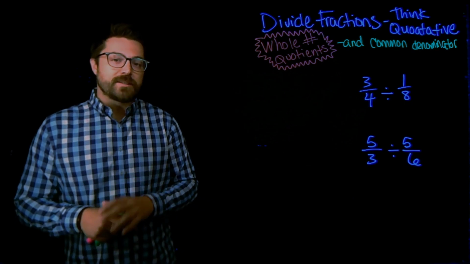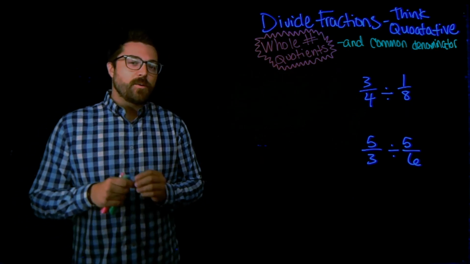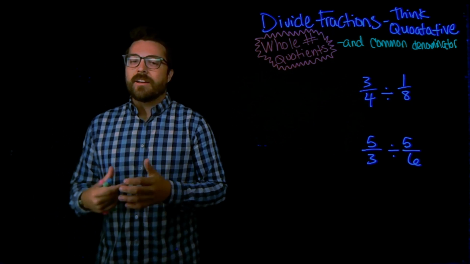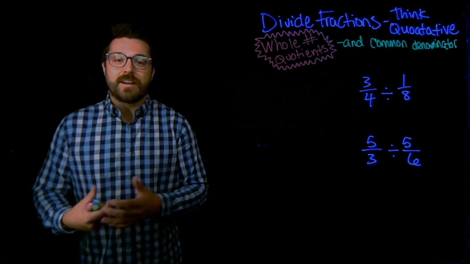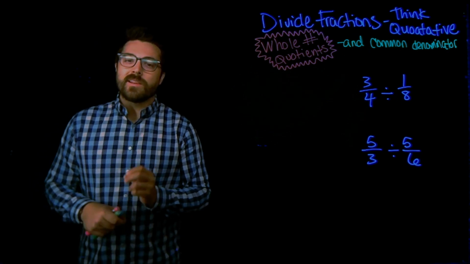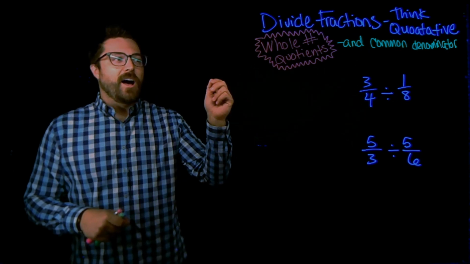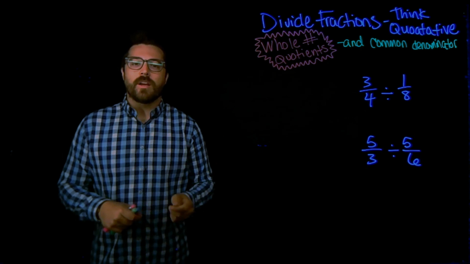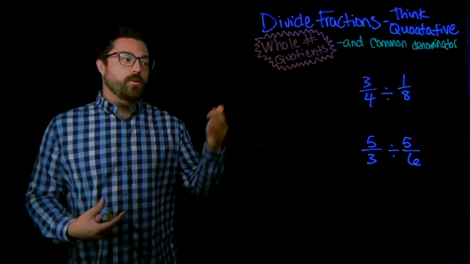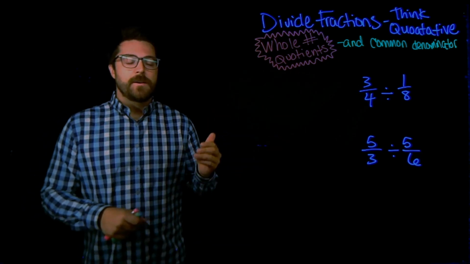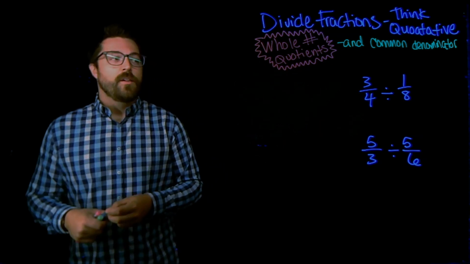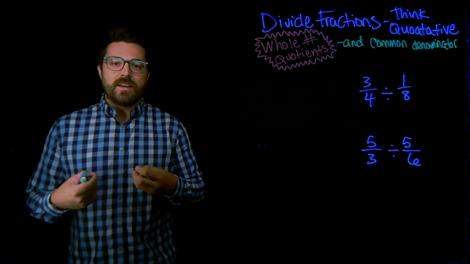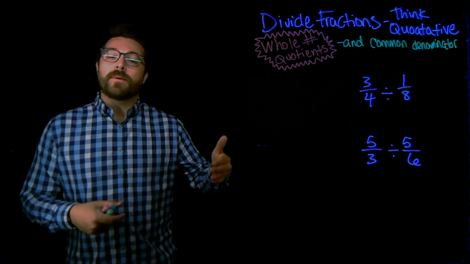And first, I also want to say that the sequencing of dividing by fractions, and how we teach students to divide with fractions and by fractions, is really, really important. So you'll notice here that we're only going to be working with whole number quotients. Though we're dividing fractions by fractions, these two examples are going to have whole number quotients. And that's really important for building the understanding and developing that reasoning.